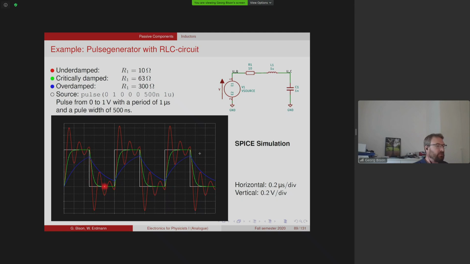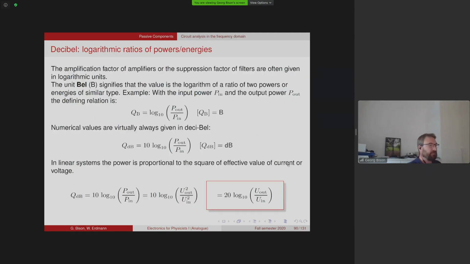And then here again, we approach the new value. In the overdamped case, you see that we never actually reach the new value, since the waveform switches before this long time constant can reach the value of the pulse. You will see in the exercises how to conduct similar simulations.